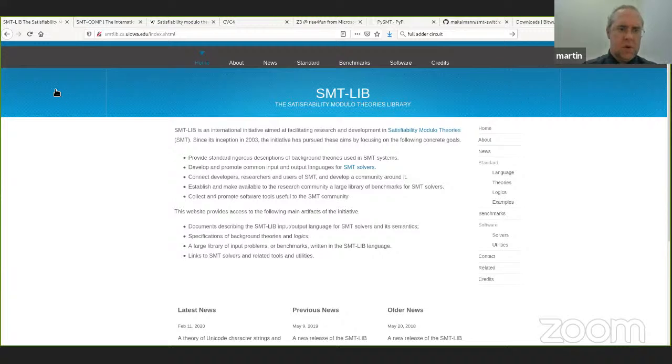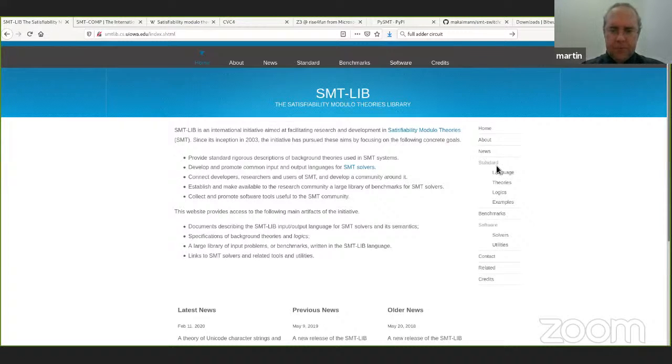Can someone shout if you can't see my web browser now? We can see your browser. Excellent. Okay, so this is the SMTLib website. It's smt-lib.org, but it forwards through to this URL.